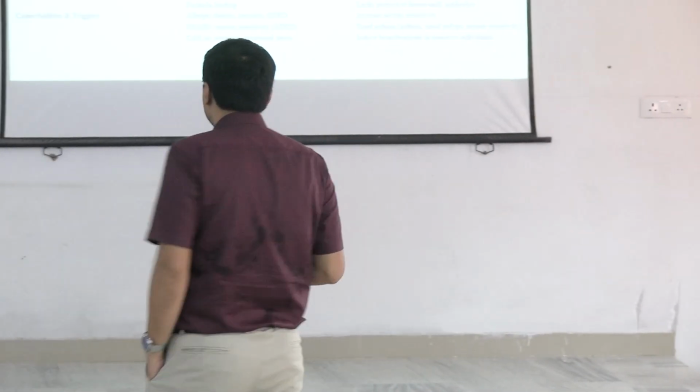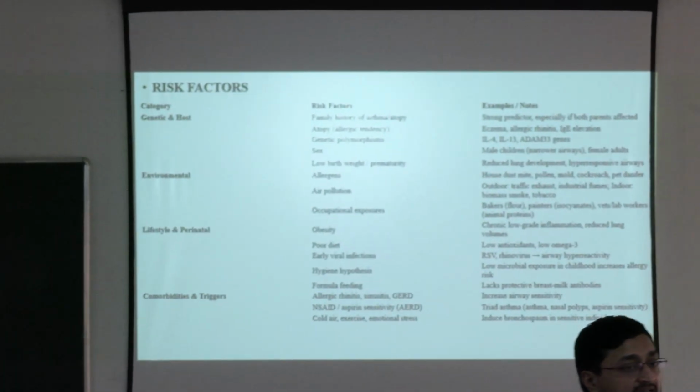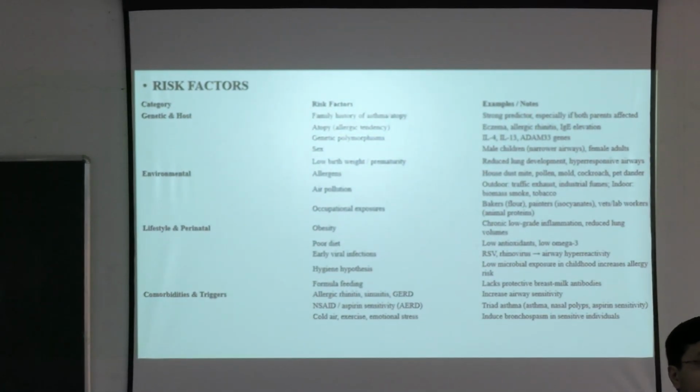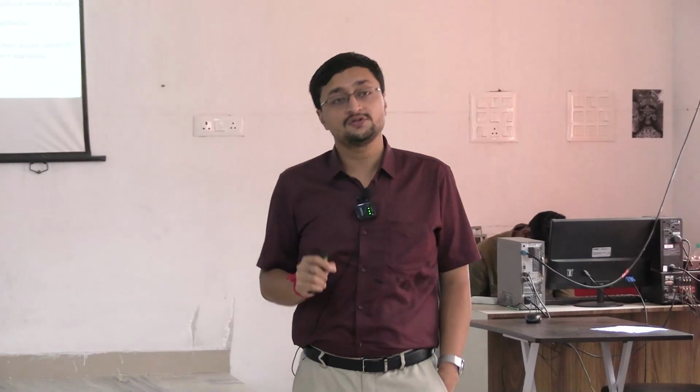So these are the other comorbidities or triggering factors. If a patient is having allergic rhinitis, then the chance of developing asthma is more. Maybe the patient is developing aspirin or NSAID induced asthma. This is another typical kind of asthma. The patient may develop exercise induced bronchoconstriction.